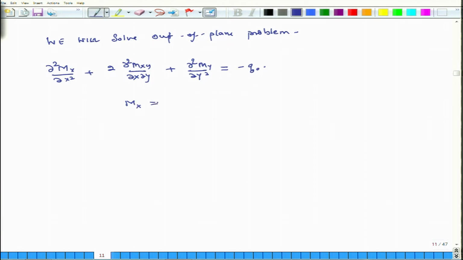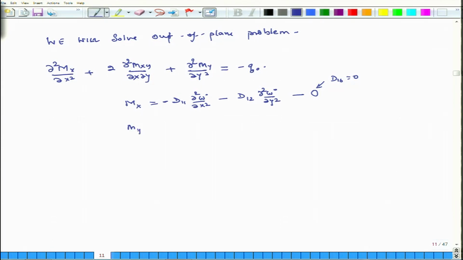Mx is equal to minus D11 del 2 w naught over del x square minus D12 del 2 w naught over del y square, and the third term is 0, because D16 is 0, because the plate is especially orthotropic.